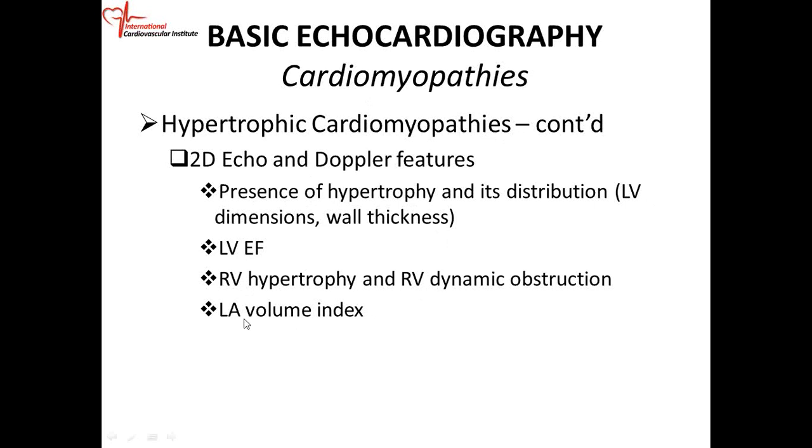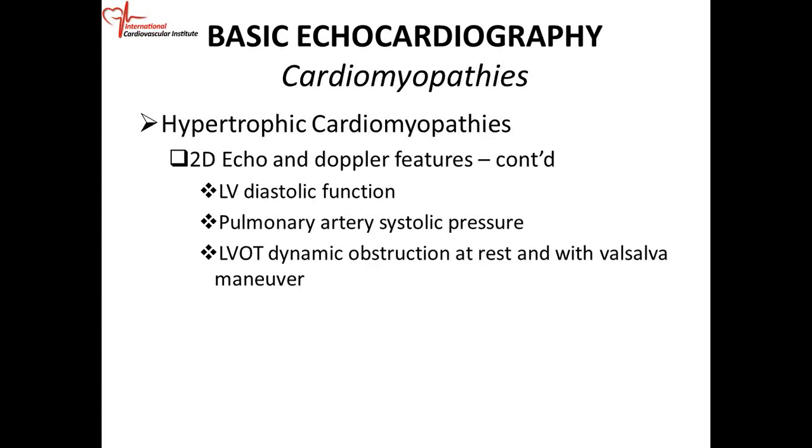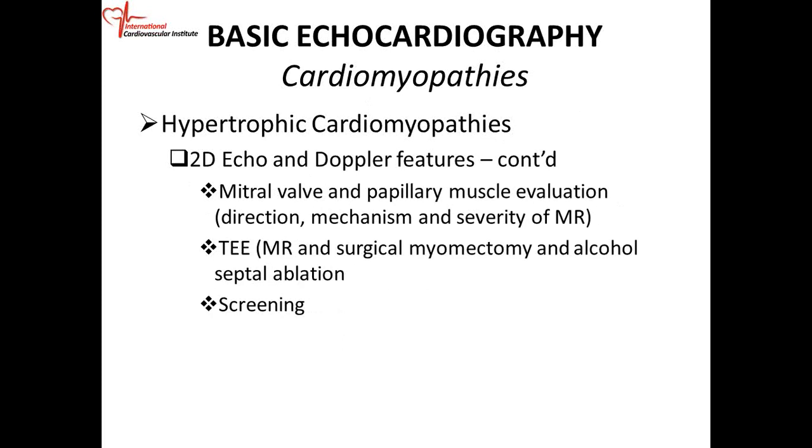Or you can do your left atrial volume index. Okay, you can do the volume. And then again, with your Doppler, your tissue Doppler and so on, you look at your LV diastolic function, you can look at your pulmonary artery systolic pressure, and you can check to see if there's LVOT dynamic obstruction. So when you go across your left ventricular flow tract and you put your PW and CW, you can see if there is obstruction.